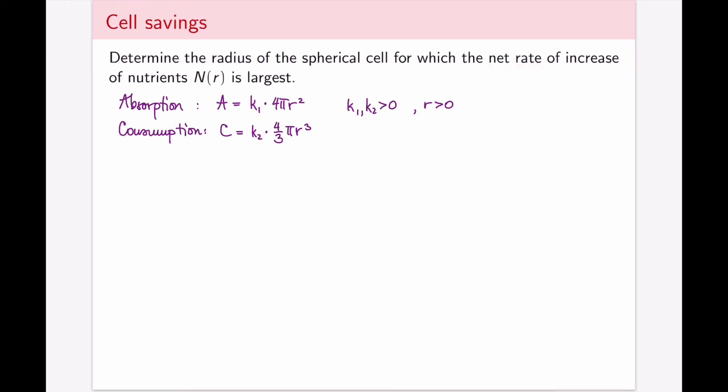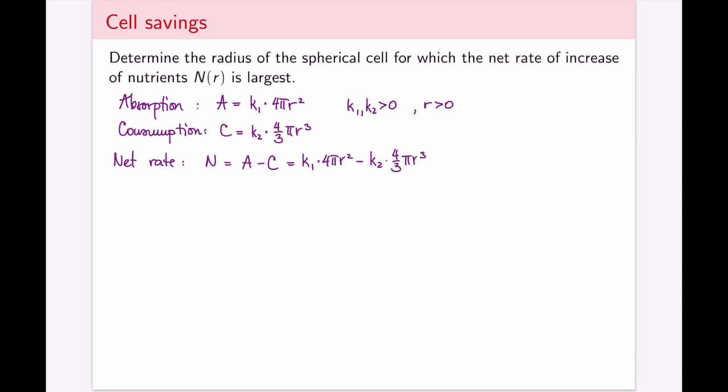The net rate is how much the cell absorbs minus how much it has to consume in order to sustain life. So the net rate, which in this case is denoted by N, is going to be absorption minus consumption, or k1 times 4 pi r squared minus k2 times 4/3 pi r cubed.